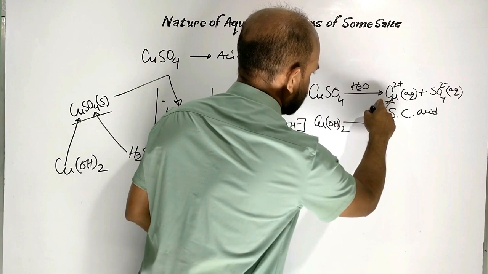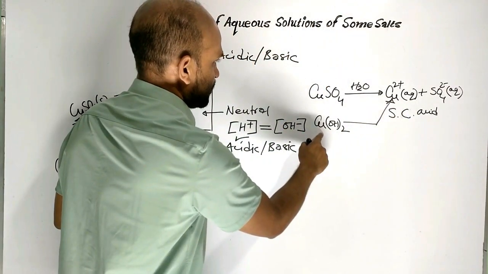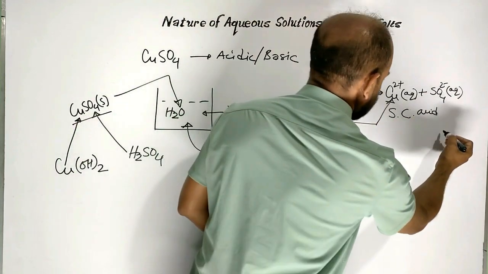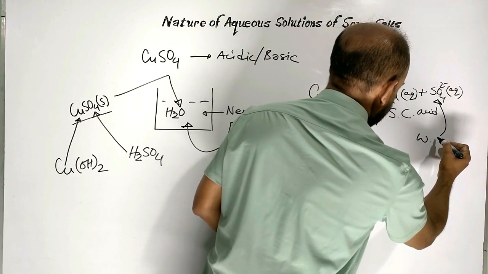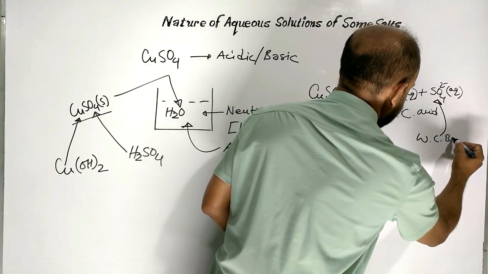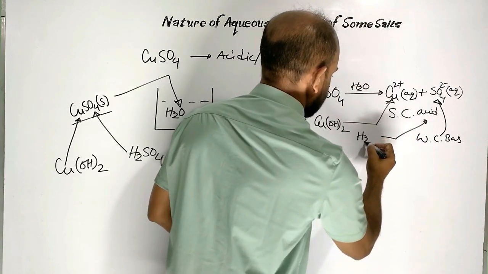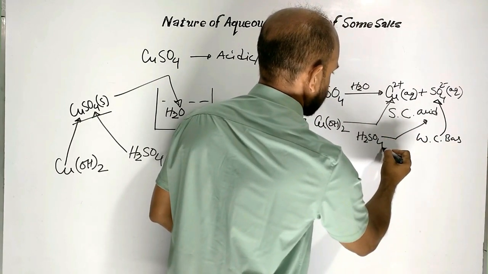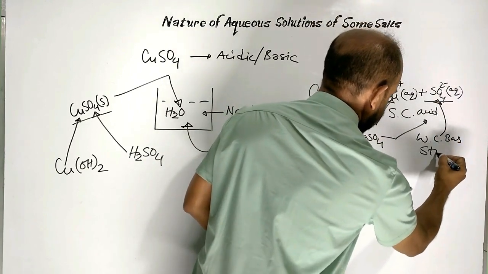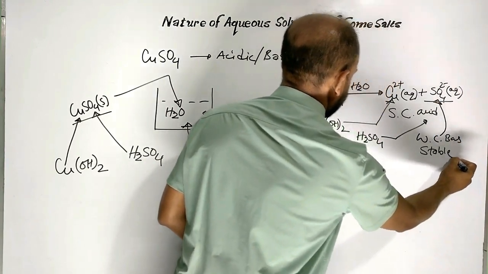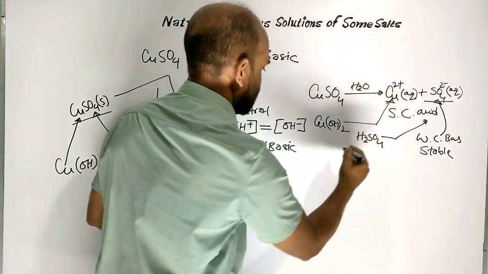Copper 2+ ion is a strong conjugate acid of weak base, but sulfate ion is a weak conjugate base of strong acid, sulfuric acid. As it is a weak base, it is stable in solution, but this is a strong conjugate acid.